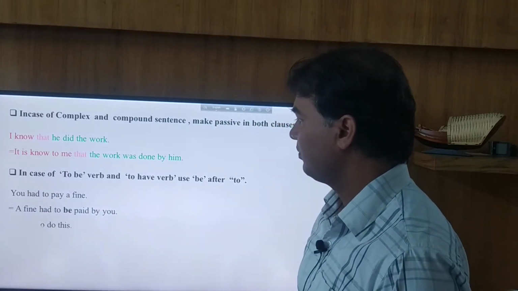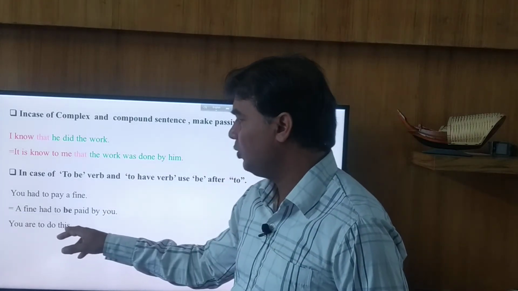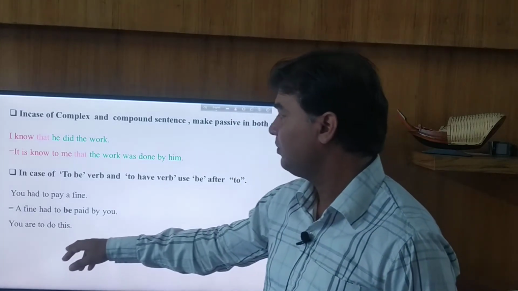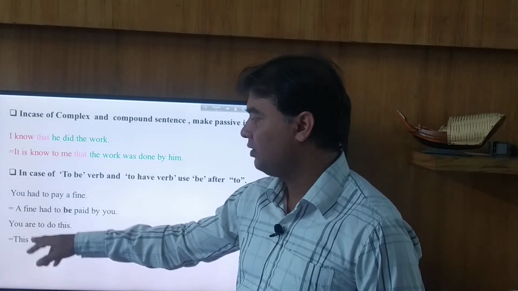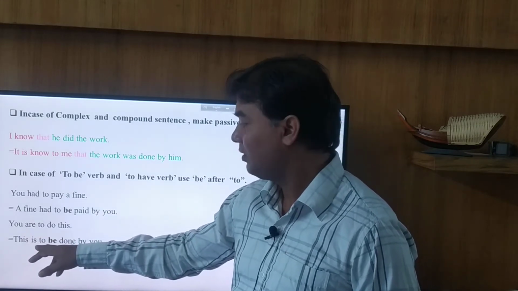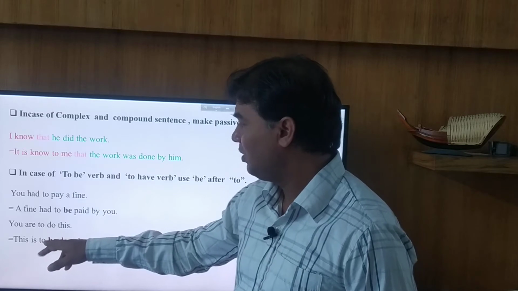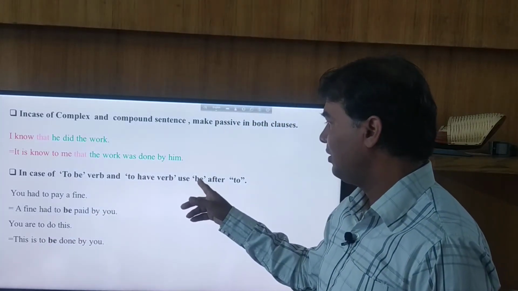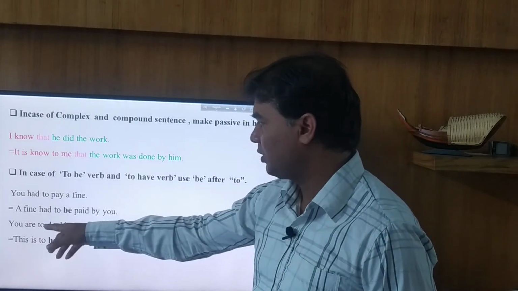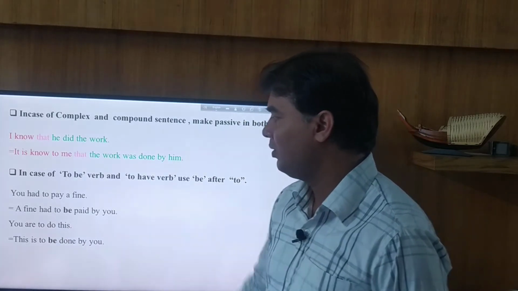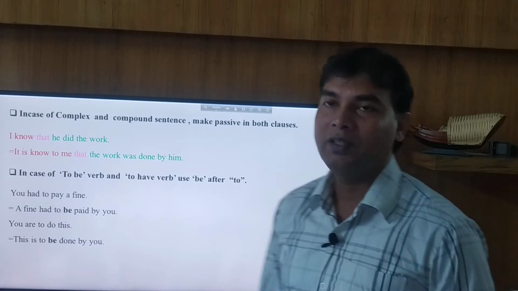Again, you are to do this. The object is this, then according to tense you write the auxiliary verb is, then to, and then again you need to use an extra be, then the past participle of the main verb, done by you. This is to be done by you.